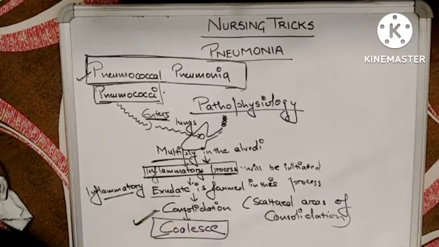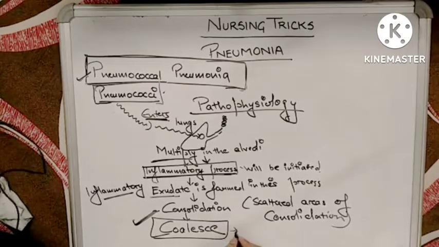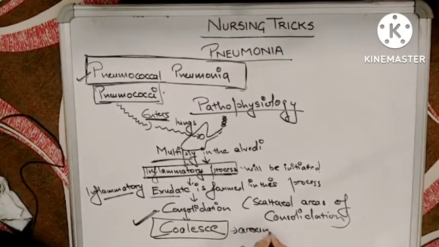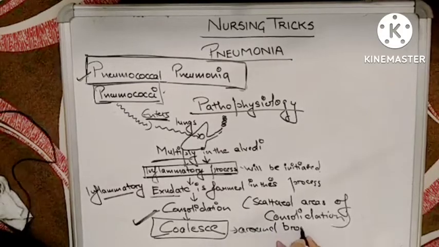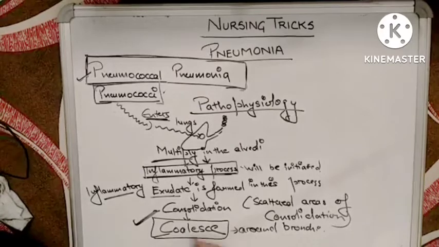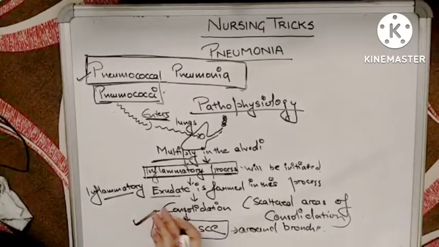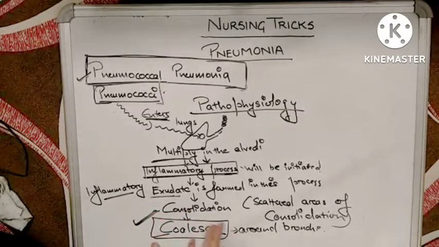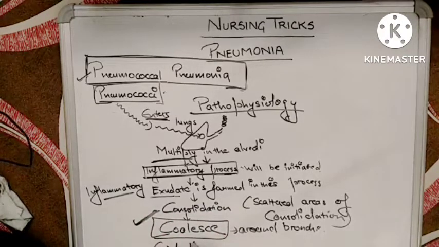The coalesce formation is seen in pneumonia. What is this coalesce? When things come together to form one particular mass, it is known as coalesce, and it will be formed around the bronchi, and later it will become lobular or lobar in distribution, but there is no tissue necrosis.